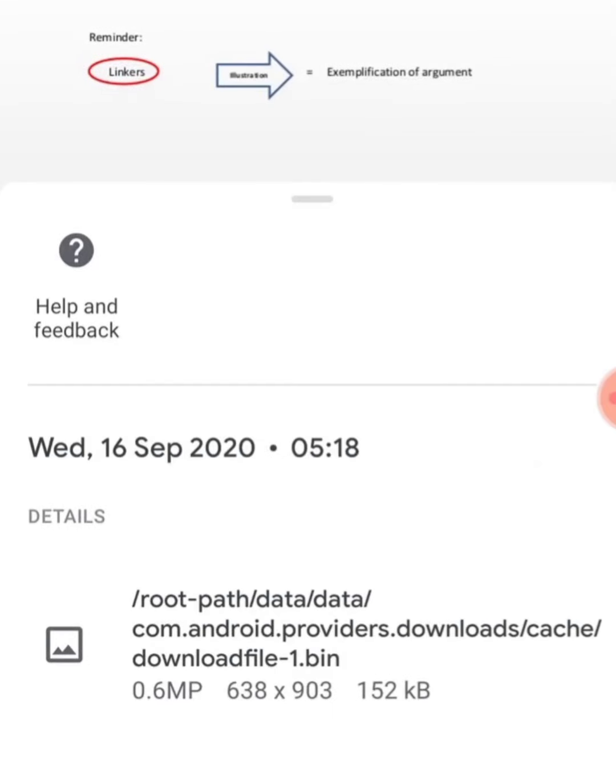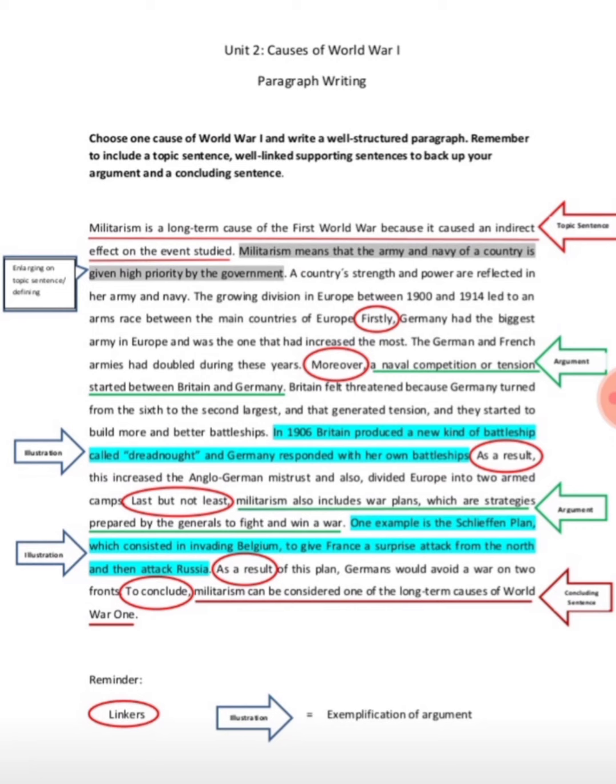Okay, now see how we have started. Militarism is a long-term cause of the First World War because it caused an indirect effect on the event studied. This is our topic sentence. How?